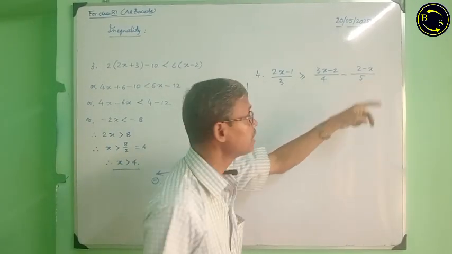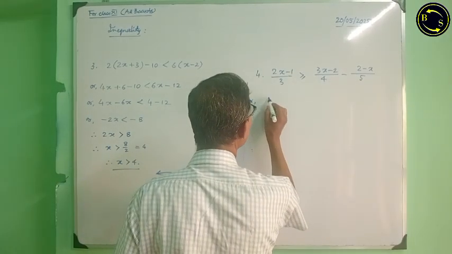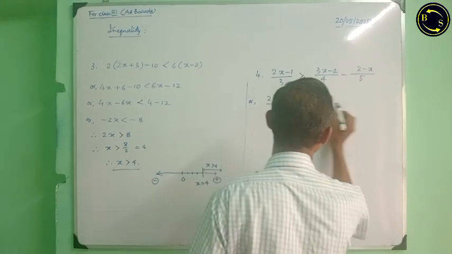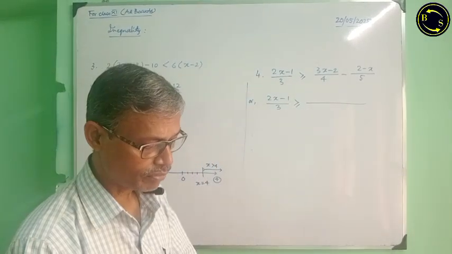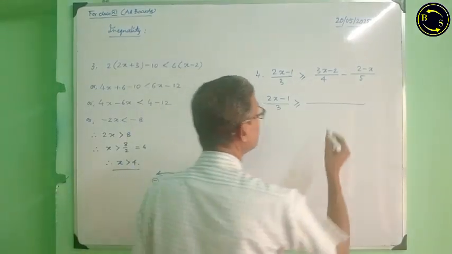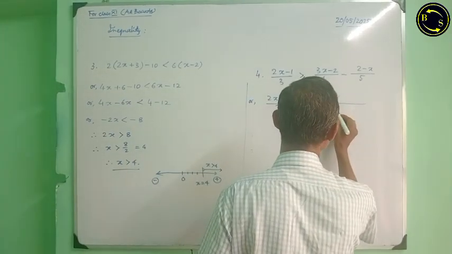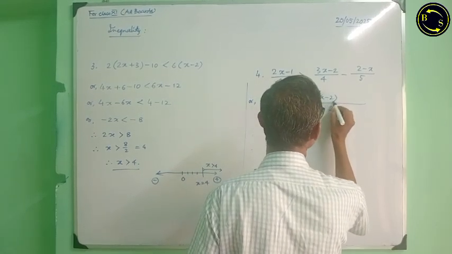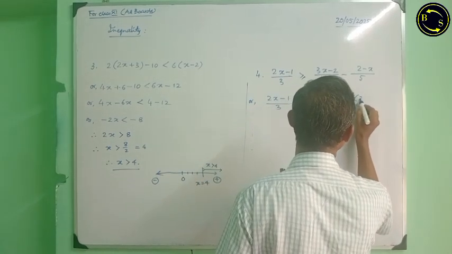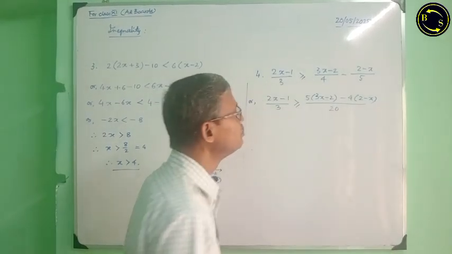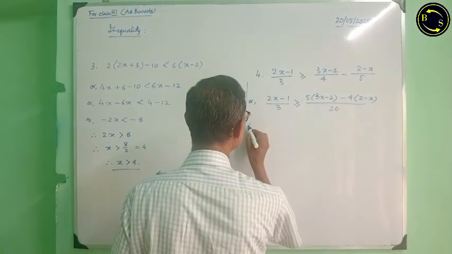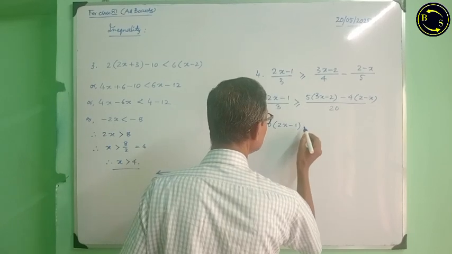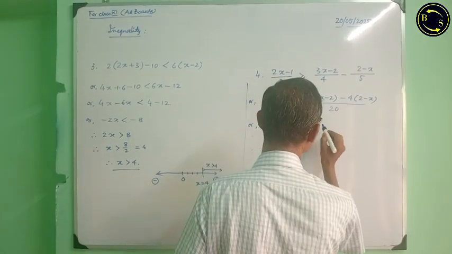First I simplify the right hand side, or 2x minus 1 by 3 is greater than or equal to, addition and subtraction as in the case of fractions, the LCM is 20: 5 into 3x minus 2 minus 4 into within brackets 2 minus x. Now I cross multiply: 20 into 2x minus 1 greater than or equal to 3.